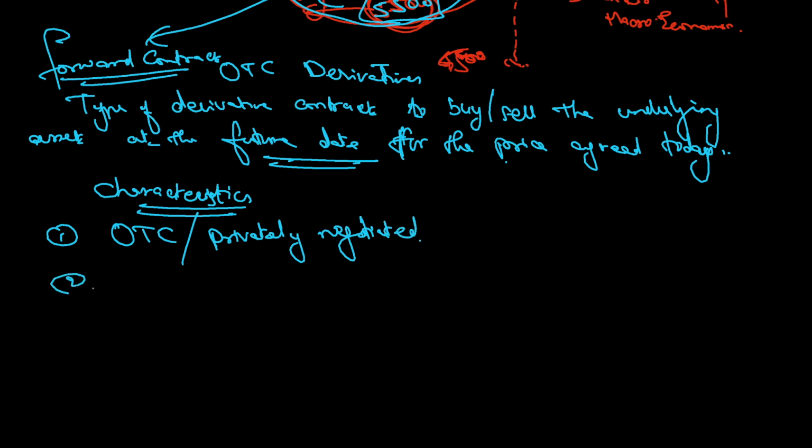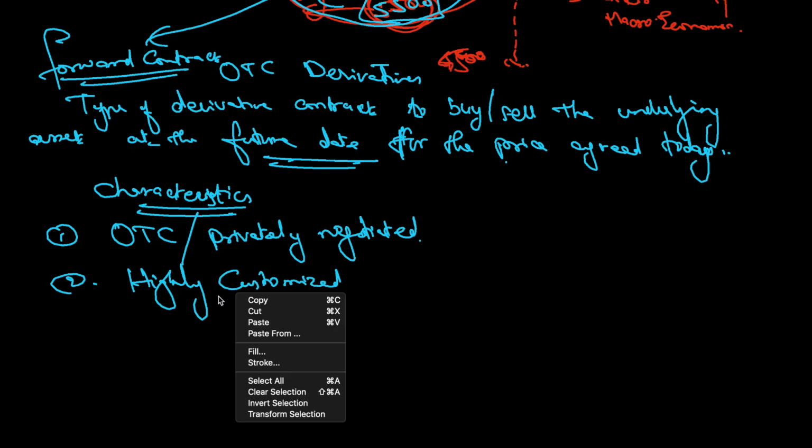Then it is highly customized. Now what do you mean by that? Both buyer and seller can decide the quantity. Why only 1 gram of gold? They can enter into the contract for 10 grams, 100 grams. It's up to them. They can also decide the expiry date. As long as they both agree, they can decide any expiry date and any quantity, so it is highly customized.